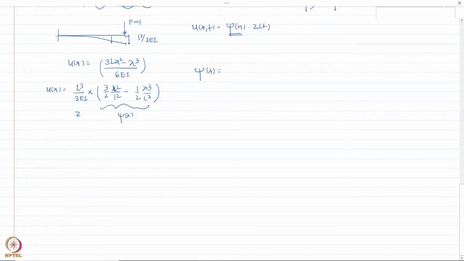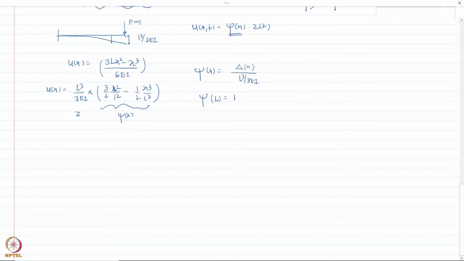Usually, whatever the shape function that I get, the deformation that I get, let us say delta(x), you divide it with respect to some reference point. Let us say here it is L cubed by 3EI, such that when you substitute x equal to L, it becomes 1 here.